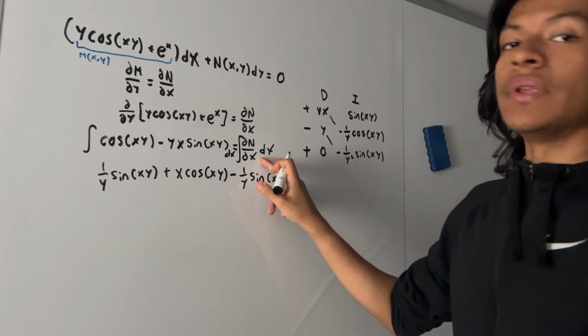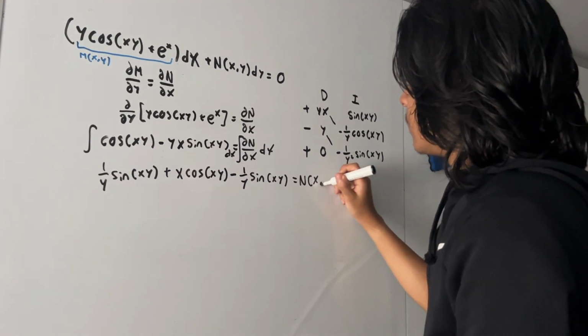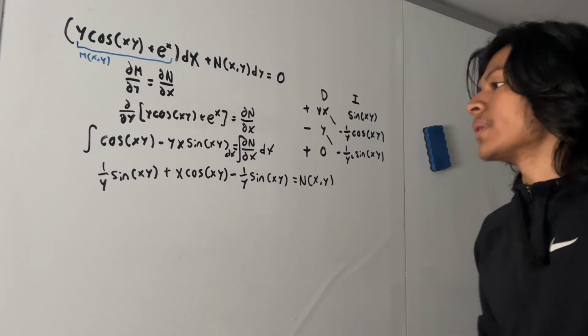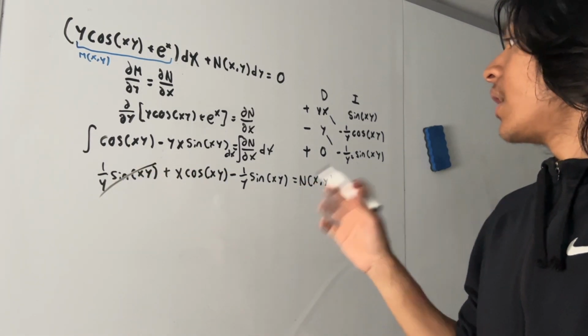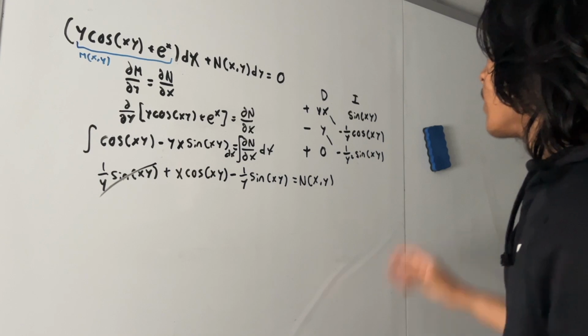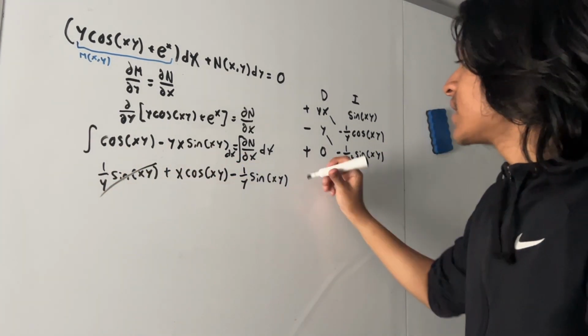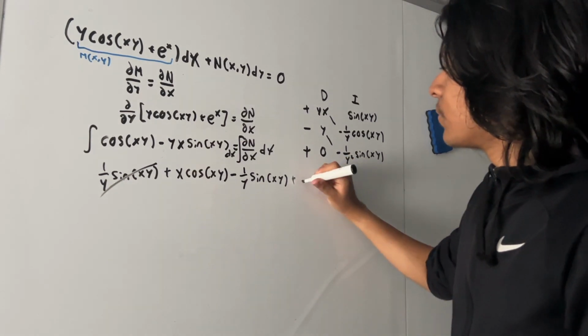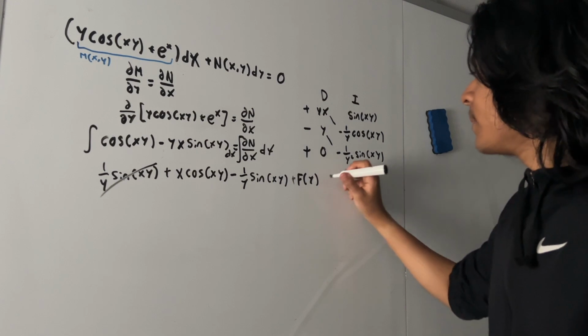And this is going to be equal to our N of x, y, really. And this term cancels out. Actually, I forgot to bring up one part, because when we integrate this with respect to x, we're also going to be left with a constant, f of y.